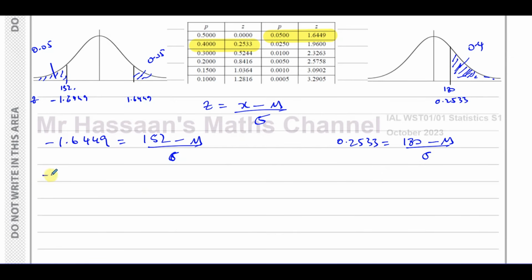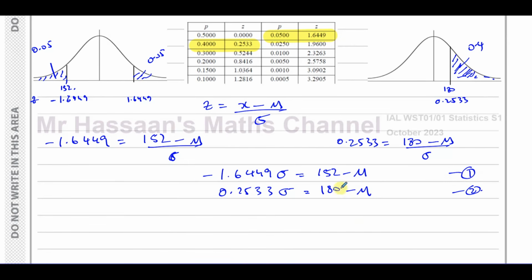So now we can have a pair of simultaneous equations. I'll write this out in the middle so it's clearer. If I take these two equations, I have minus 1.6449 times the standard deviation is equal to 152 minus the mean. If I take this one, I'll have 0.2533 sigma equals 180 minus mu. So I have equation 1 and I have equation 2.